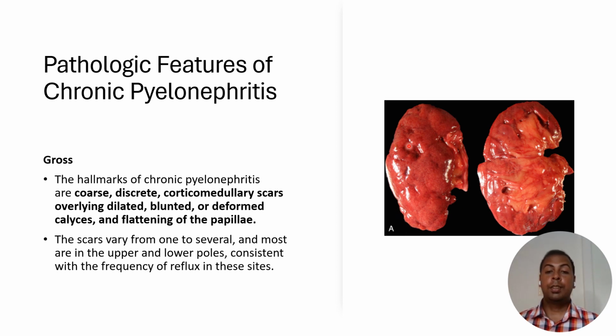And you can see here the scars present on the surface and the deformities present. And if this kidney was sectioned to see the papilla and the calyces, you could see that there's flattening of the papilla and there's deformed calyces here. So the scars vary from one to several, and most are in the upper and lower poles, consistent with the frequency of reflux at these sites.